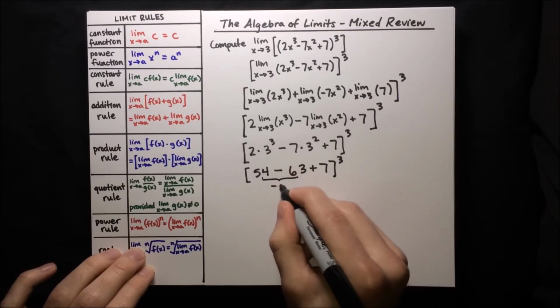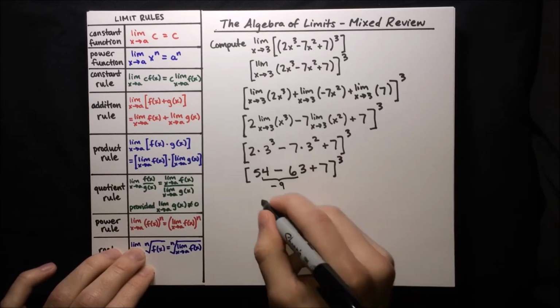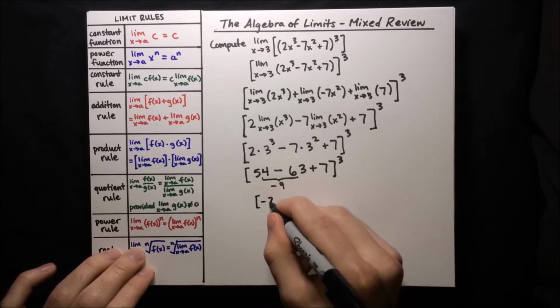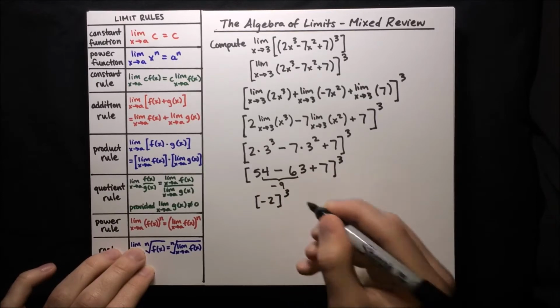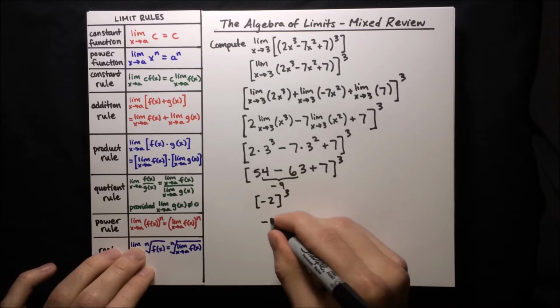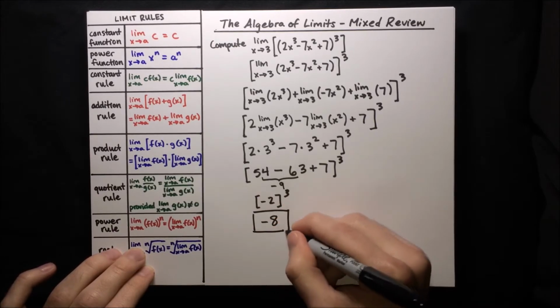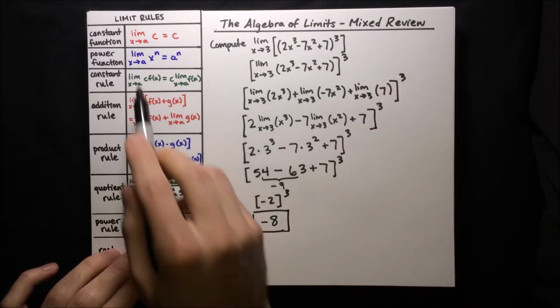That makes negative 9, and then we add 7 to that, so then we get negative 2. So this is just negative 2 to the third power, and negative 2 to the third power is just negative 8. So that's our answer. That's what this limit evaluates to using these limit rules.